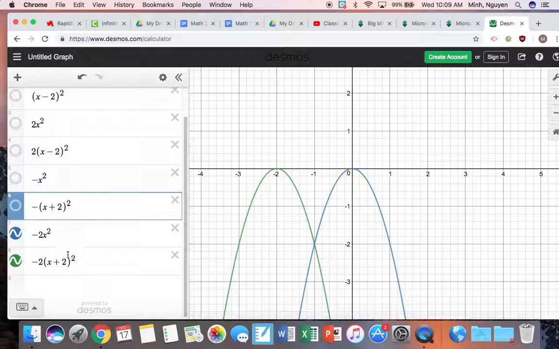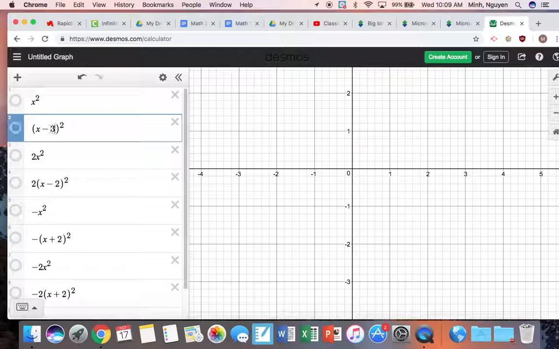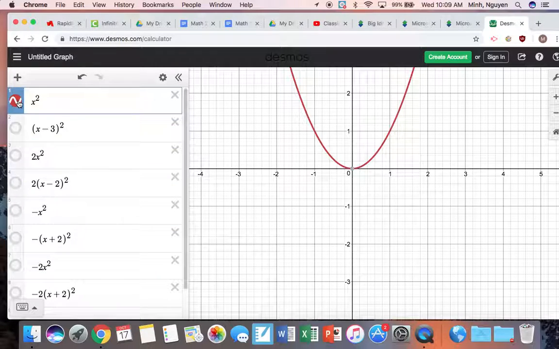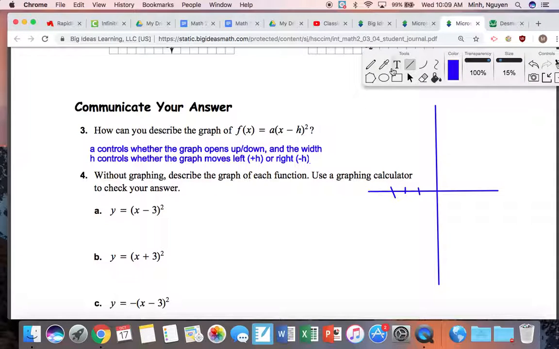Well, let's see. This is the original graph, and this is our modified graph, and it does not move to the left despite this -3. The -3 actually moves it to the right by 3 units. The graph moves to the right by 3 units.